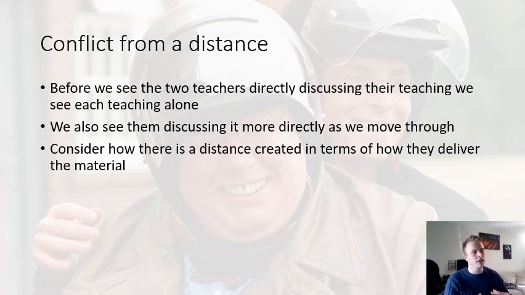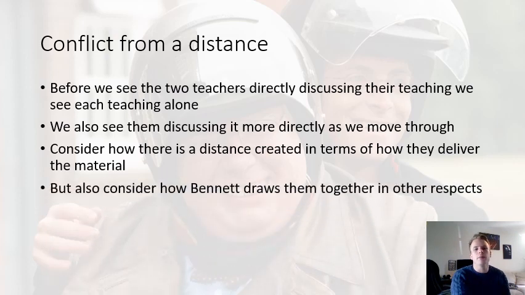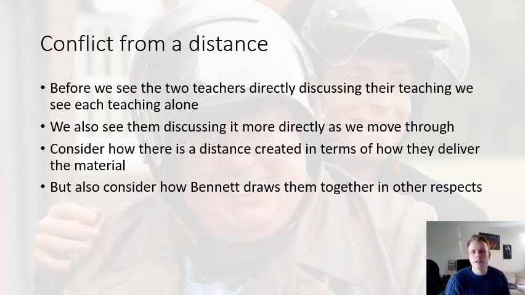There are other points we could make in terms of different types of almost abuse that come into this. And there are bits where Bennett draws them together, though, so where he shows that they're not necessarily as incompatible as they might seem in terms of that delivery.